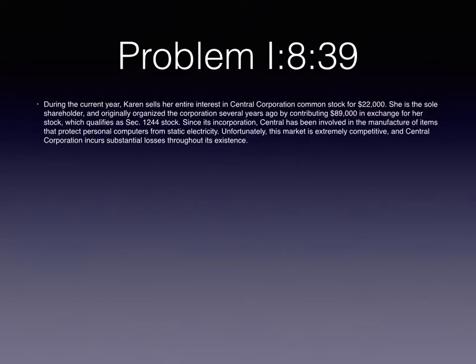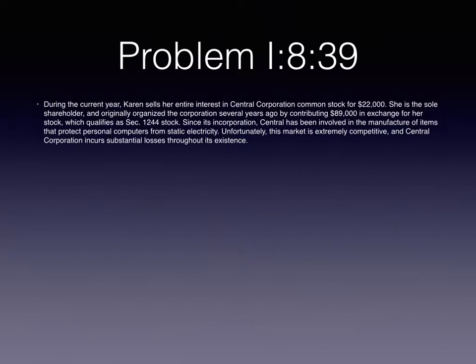So first problem is 839. During the current year, Karen sells her entire interest in Central Corporation common stock for $22,000. She is the sole shareholder and originally organized the corporation several years ago by contributing $89,000 in exchange for her stock, which qualifies as Section 1244 stock.